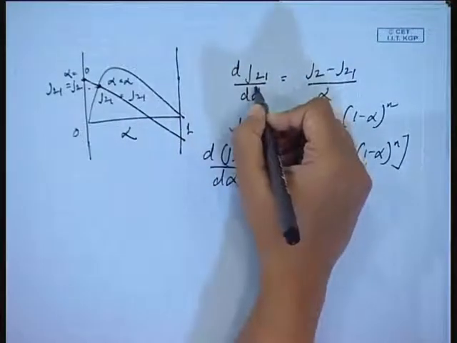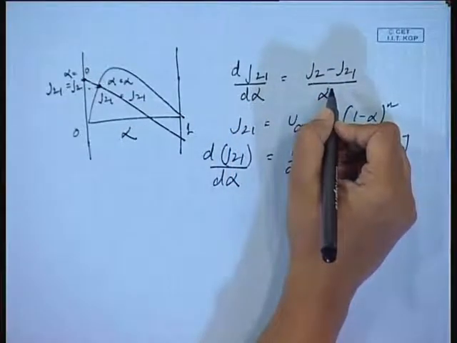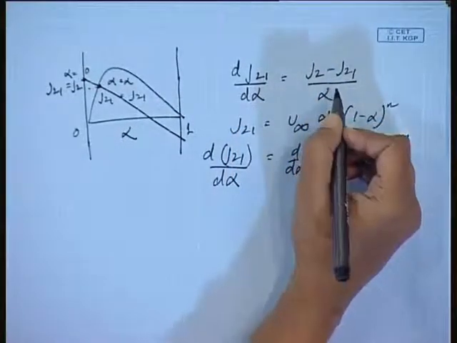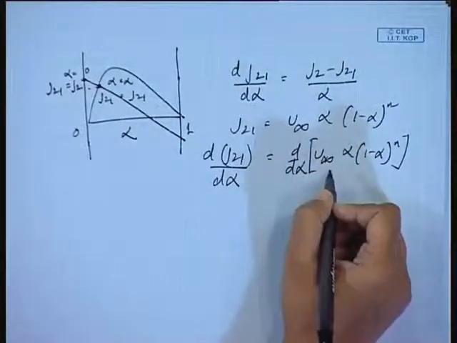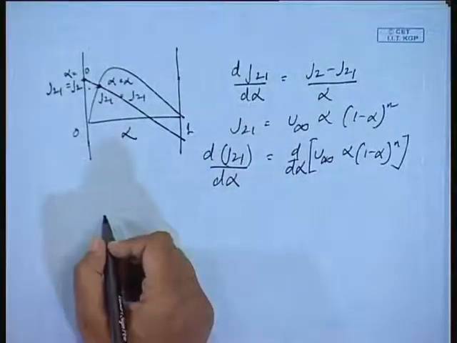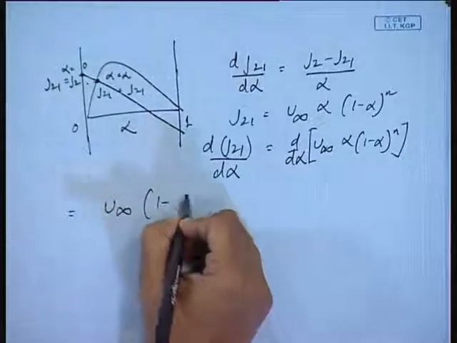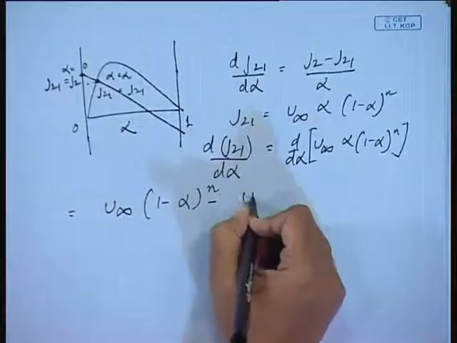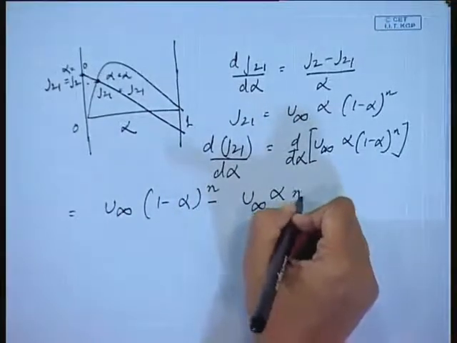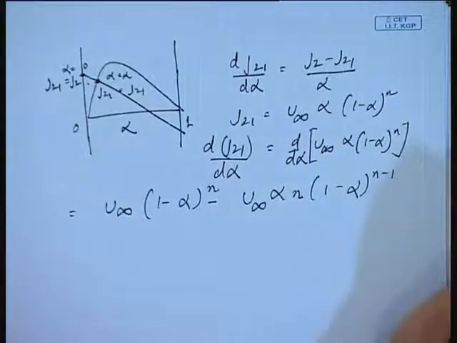This slope I can substitute here, and then I can get an analytical expression relating J2 and J1 under conditions of flooding. If we perform this differentiation, we get u infinity (1 minus alpha)^n minus u infinity alpha n (1 minus alpha)^(n minus 1). I have simply differentiated this part.